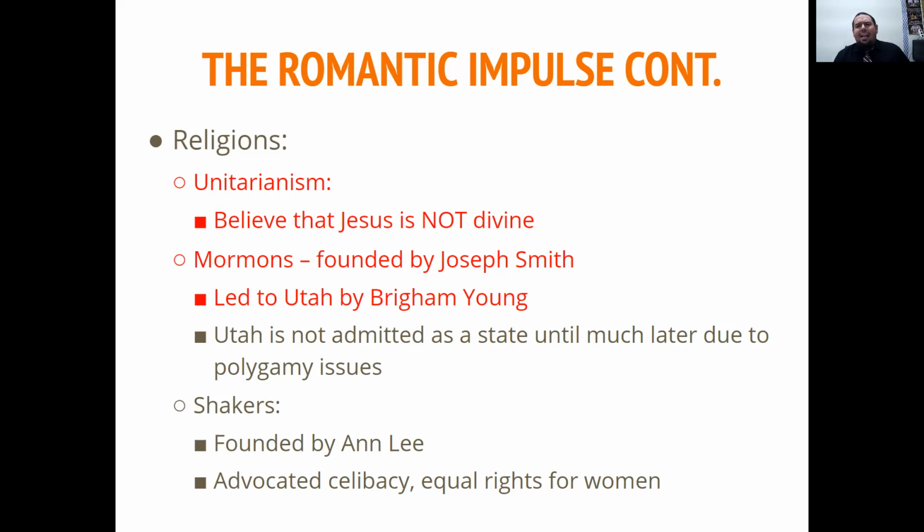It was Indiana, and then they went to Missouri, and Joseph Smith was murdered in jail. So the Mormons continued on their big trek, led by Brigham Young, all the way to Utah. But Utah is not admitted as a state until much later due to its polygamy issues with Mormons.